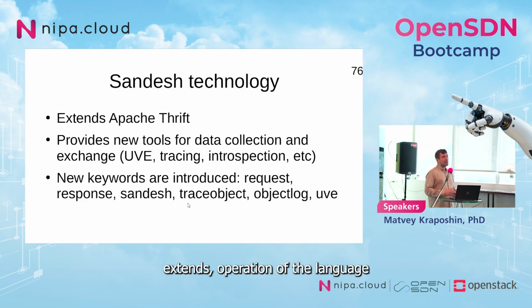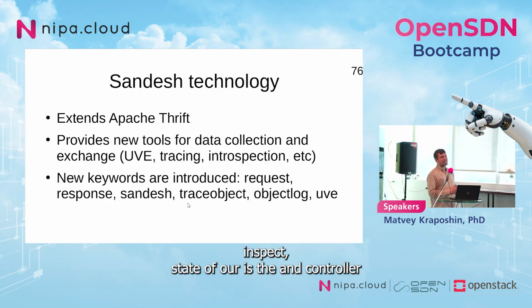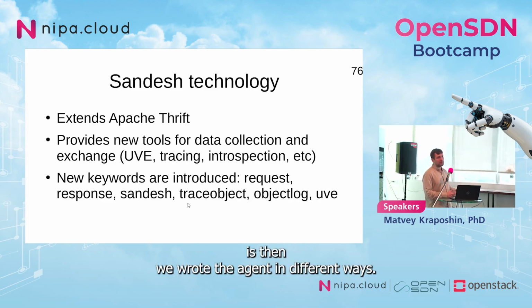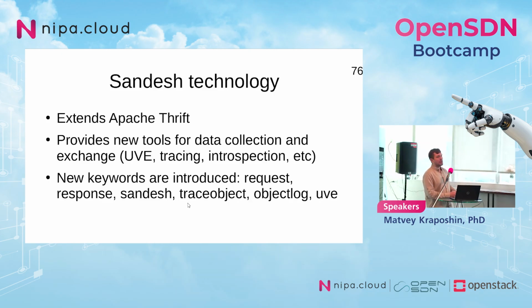Sandesh extends the Apache Thrift language, and it adds additional functionality. This additional functionality allows us to inspect the state of our SDN controller in different ways. For example, there are UVE, user visible entities, tracing, and logs.